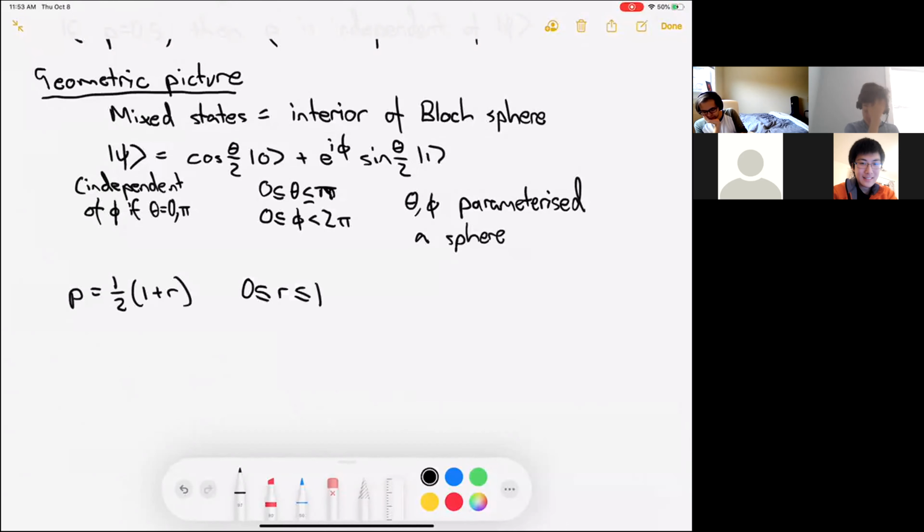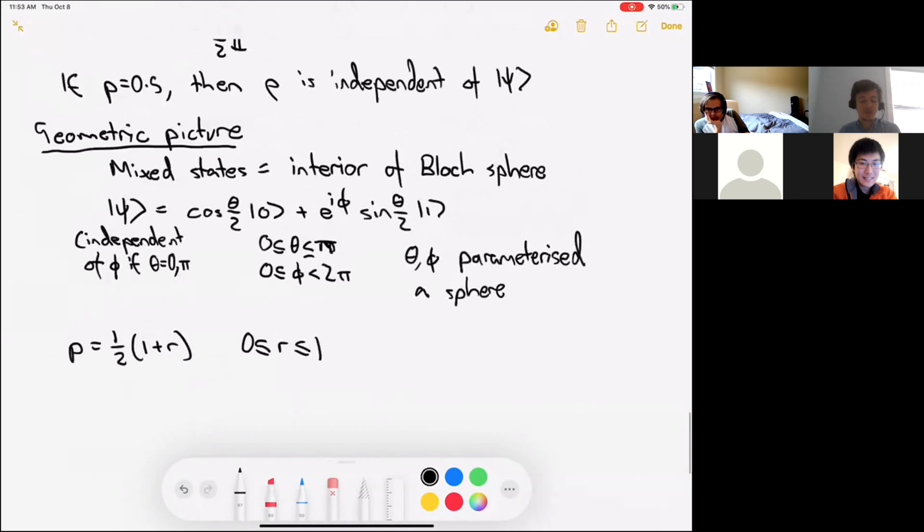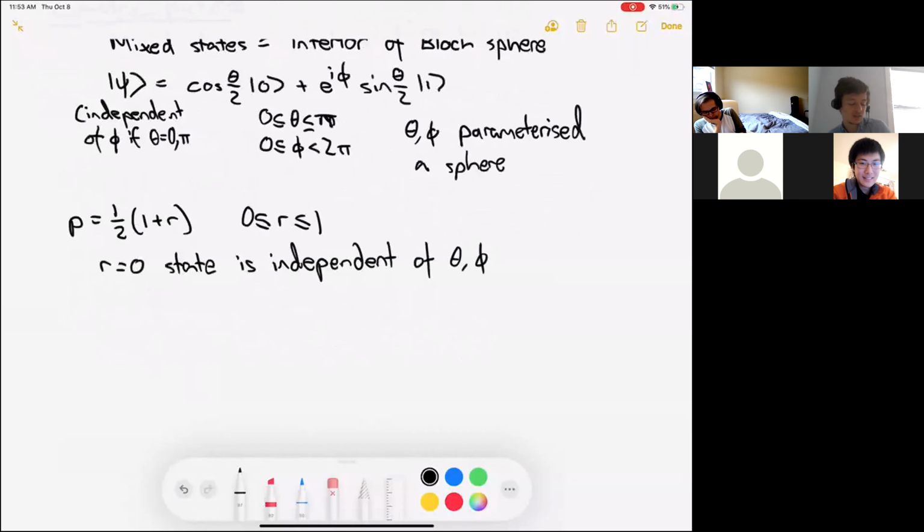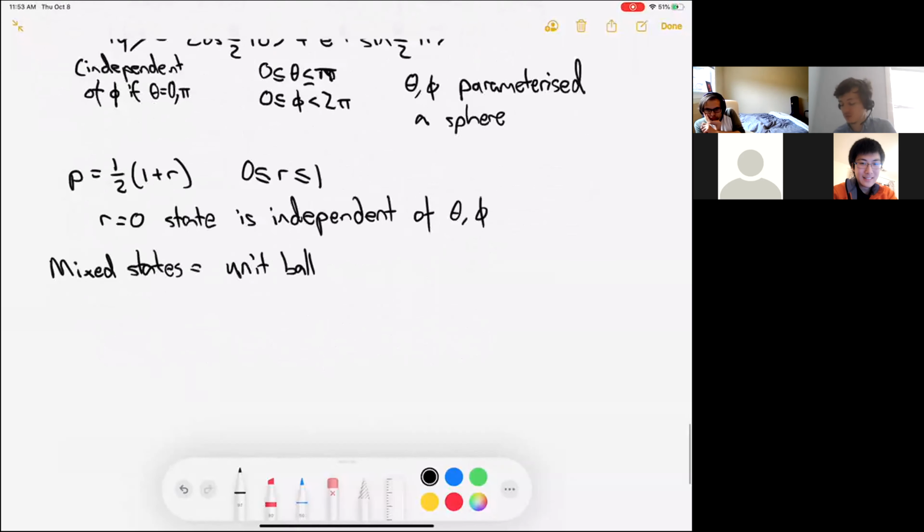And again, if P equals 0.5 and hence R equals 0, then the state is independent of both theta and phi. So this is just a parameterization of the unit ball, right? The interior of the unit sphere.